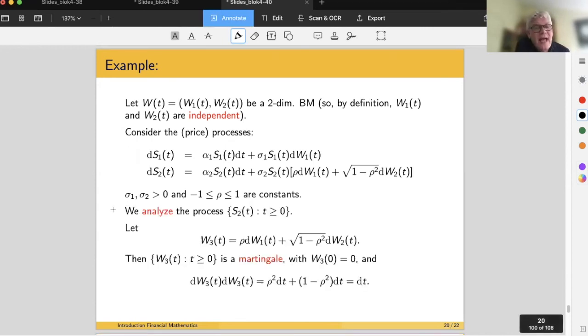Now let's analyze that process S2_t, t greater or equal to 0. The first thing we do is look at the term behind S2, and let's call that a Brownian motion, W3. You may remember that we can do this.